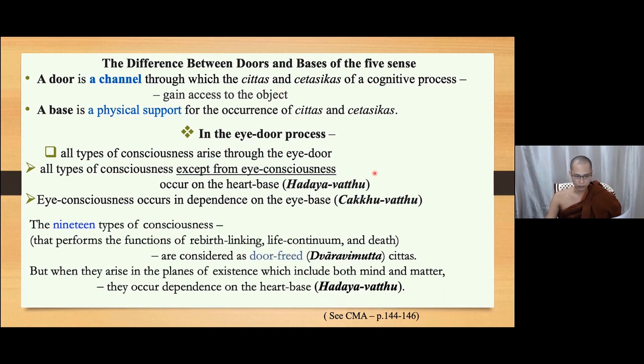And another way we can identify the difference between door and base. The 19 types of consciousness that perform the function of rebirth linking or life continuum, the paṭisandhi and bhavanga, we already know, are considered door-free. So they don't use any door to arise.